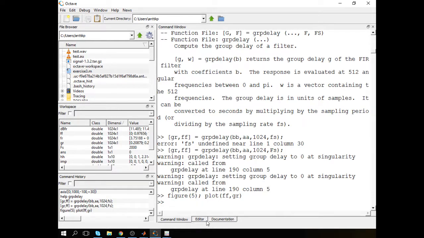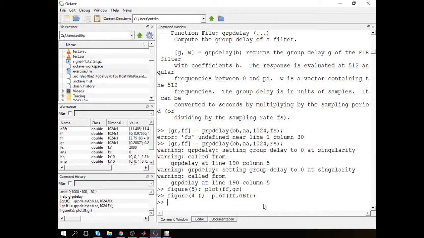What's the plot about? Figure 4. dBFR. I can actually find a couple of things here. Let me see, I'll just Control Z that.